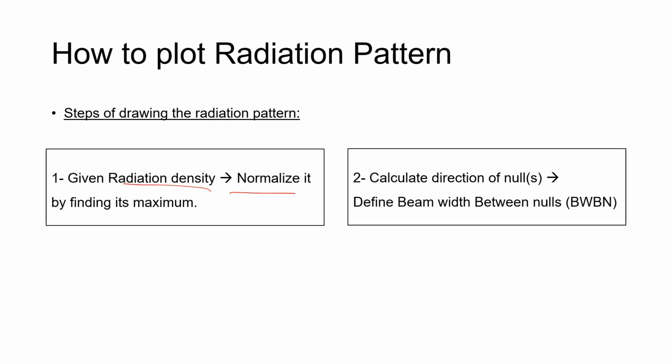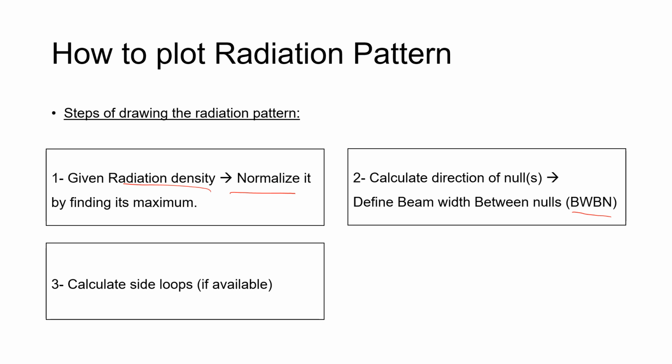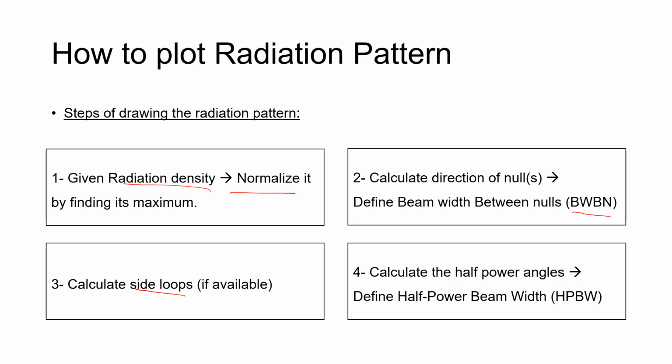Then the second step is to determine the position of the nulls, in order to calculate what's called the beamwidth between nulls. Then, if there are any, we also calculate the side lobes, and finally we calculate what's called the half power angles in order to calculate the half power beamwidth.